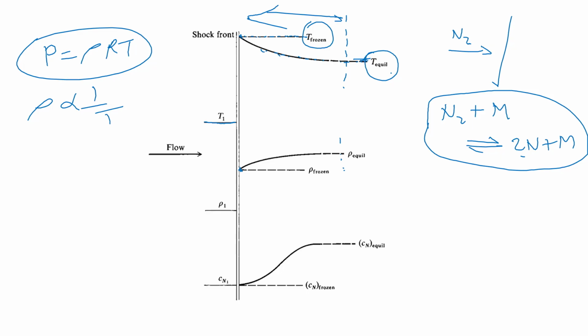Now we will see what happens to the concentration of atomic nitrogen. One thing to note is that in the upstream there is no atomic nitrogen.